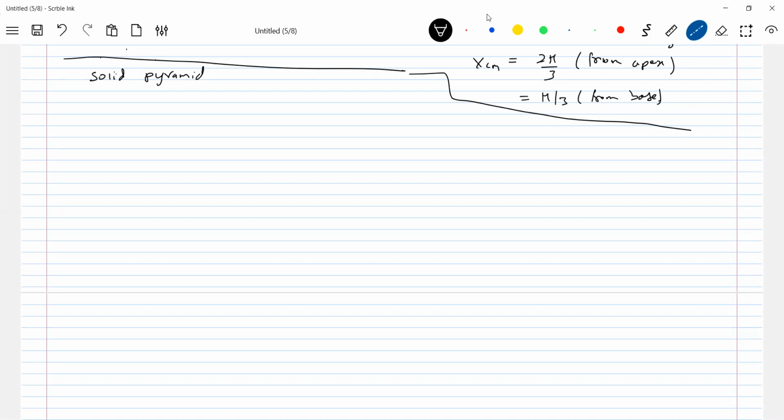It's a rough diagram, so a little bit of difficulty is there. Solid pyramid with square base of height h.